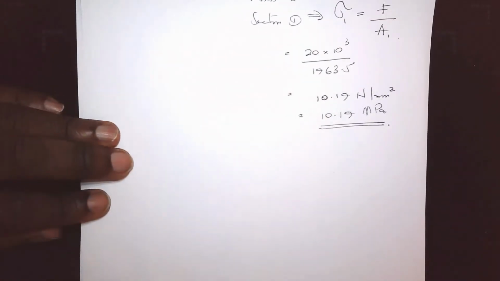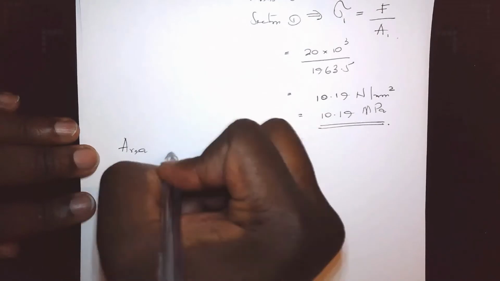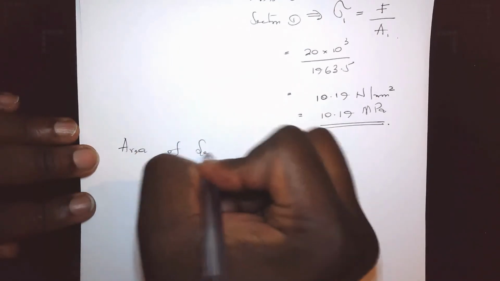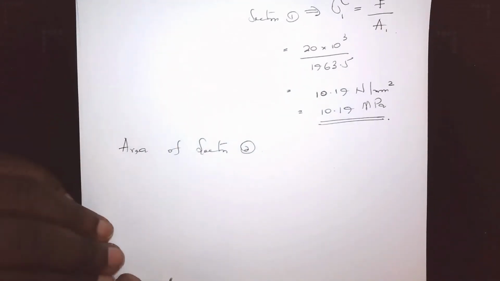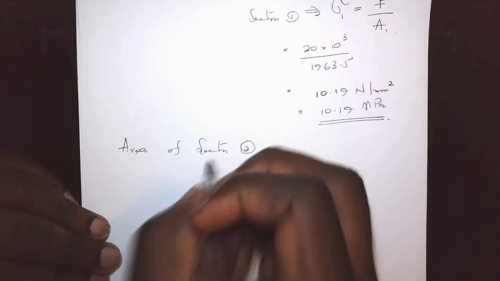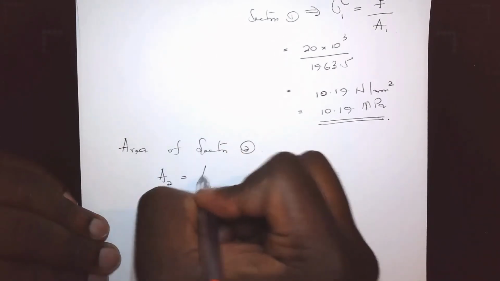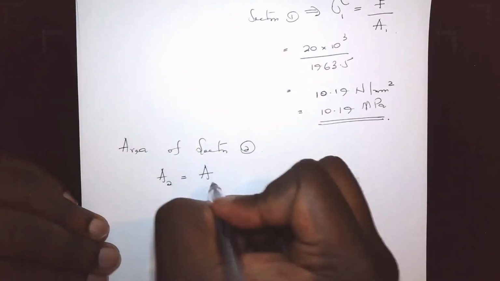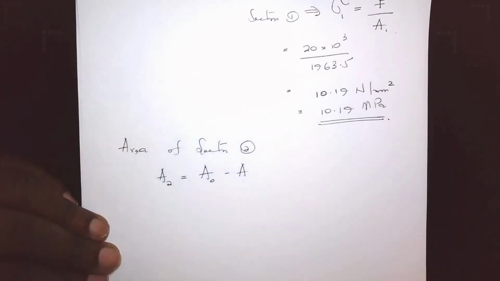So we can now calculate the area of section 2. Now we shouldn't forget that this is a hollow section. So the area A2 will be equal to the area with respect to the outer diameter minus the area with respect to the hollow.